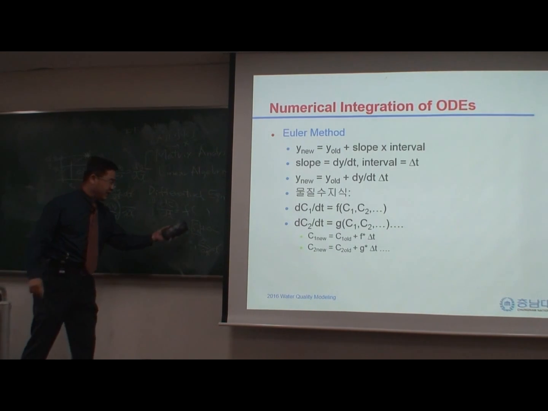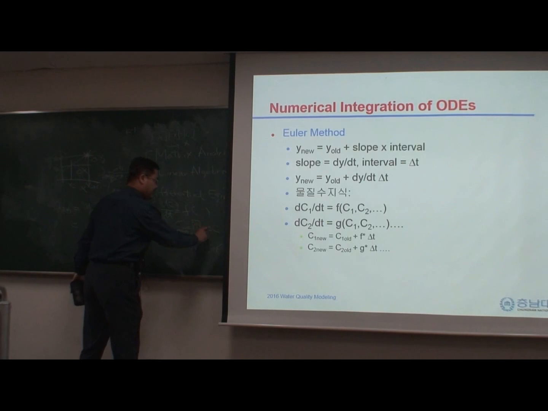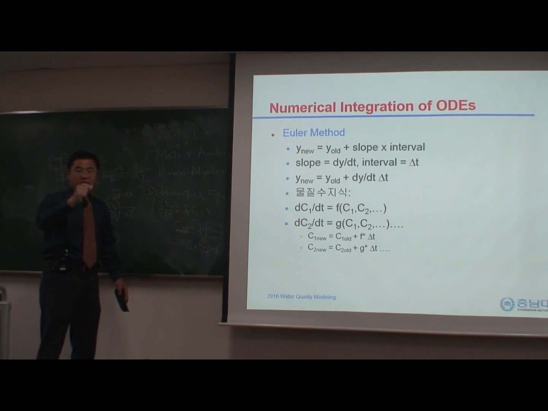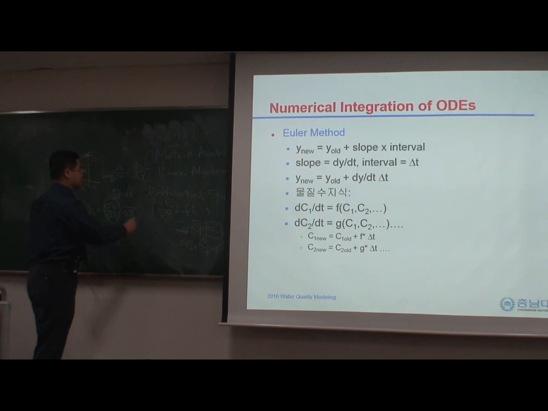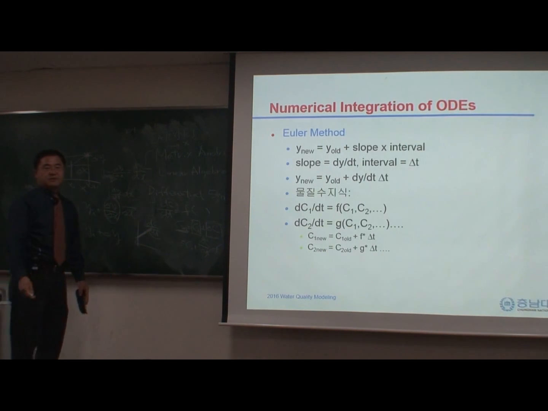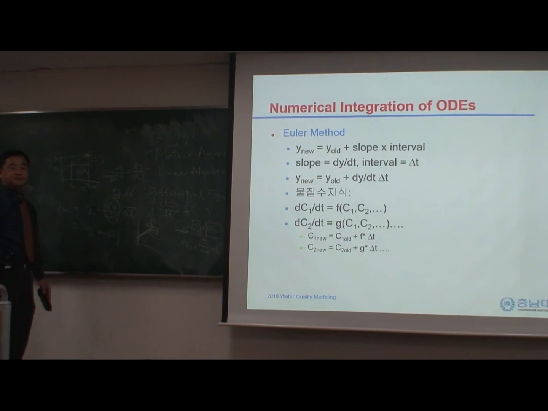You have to know the previous value, and once you know it, it's a matter of calculating your small increase or decrease. Because eventually your first differentiation is calculating your slope, right? So it's just like that.